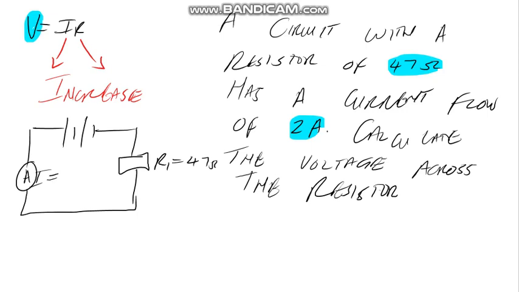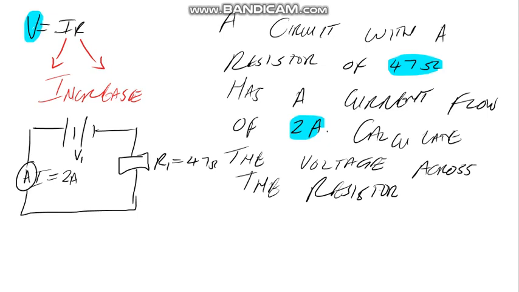Remember I represents current. And then they want the voltage V1. Whatever the voltage across that resistor R1 is equal to the total voltage, because there's only one resistor.